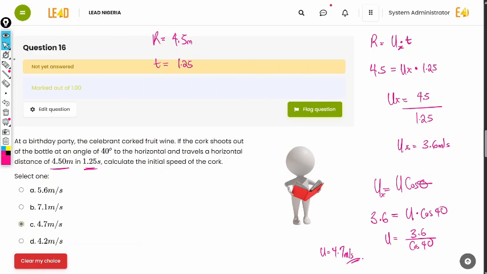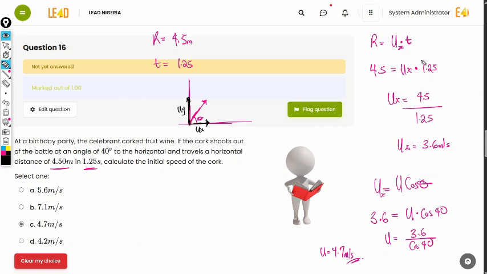So let me make an illustration here. Your object is shot this way at some angle. So this has some horizontal component here, ux, and some vertical component here, uy.